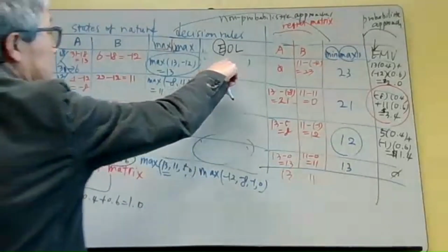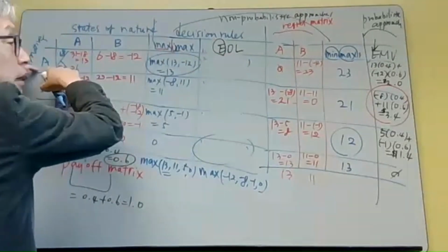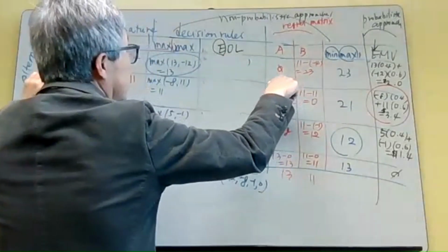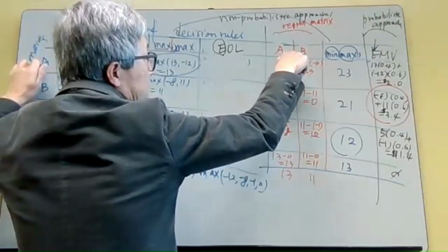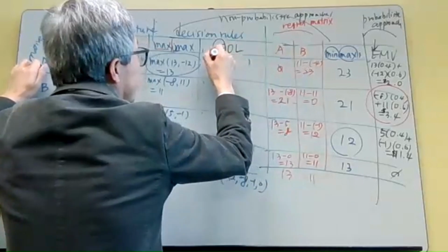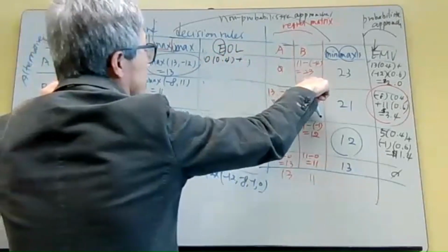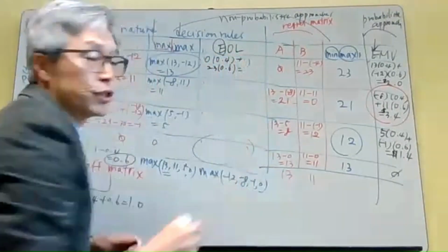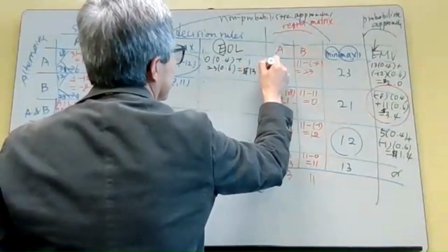Now, expected opportunity loss for alternative A. The regret for alternative A on the state of nature A is 0 times 0.4 plus 23 times 0.6, which is $13.8 million.